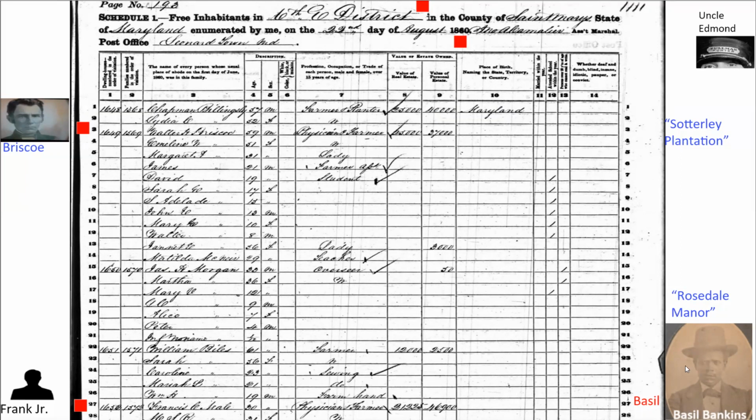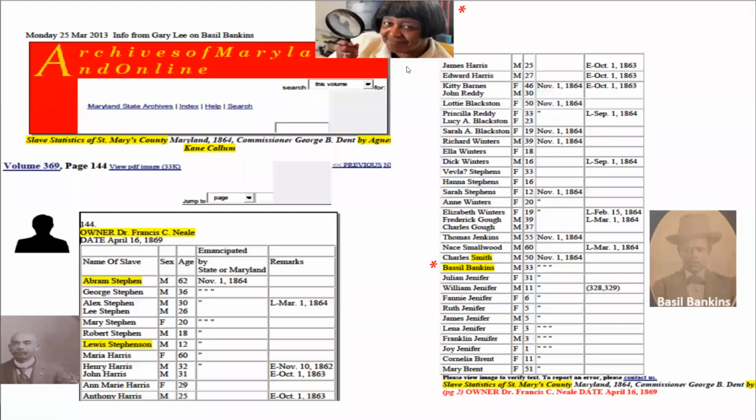So all these records are helping us to build on the information that we're getting, and a lot of the letter from Edmund Bankins is helping us to key off of that. Some of you may know the name Agnes Kane Callum. She was a remarkable historian and genealogist. She started doing work in southern Maryland, doing research on her immediate family, many of whom were enslaved at Sodderly Plantation.